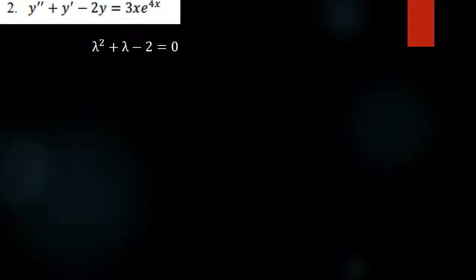We can factorize this equation in (lambda minus 1) multiplied by (lambda plus 2) equal to 0, and we obtain the values lambda 1 equal to 1 and lambda 2 equal to minus 2.